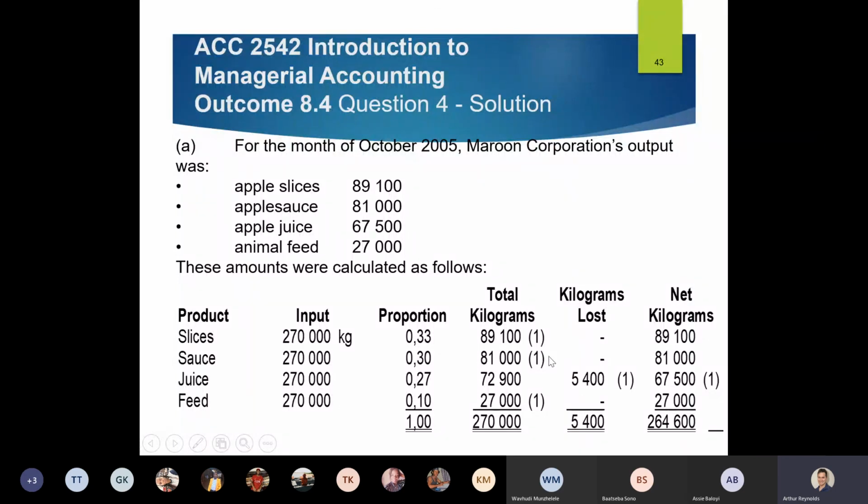In addition, it is said that 5,400 kilograms of juice was lost in this department. They didn't say for any of the others. So for this one, we need to deduct 5,400 kilograms. So it gives you net kilograms of 89, 81, 67, 27. So we're left with 264,600.